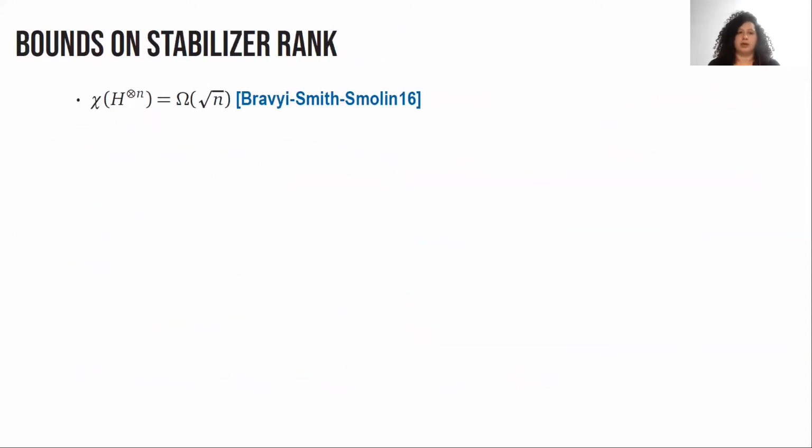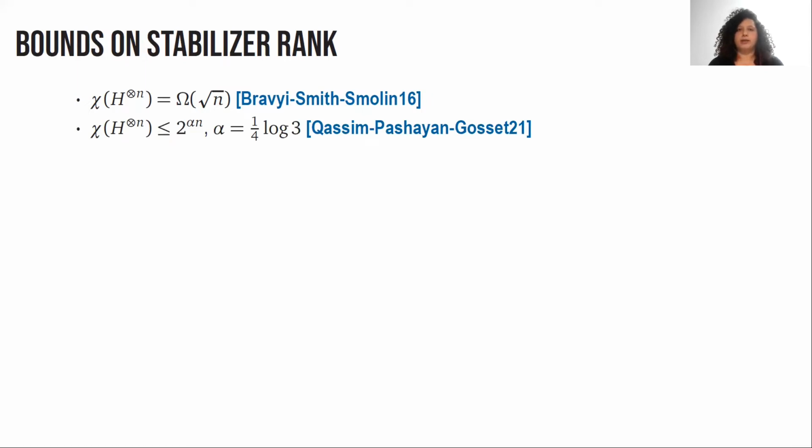So, some known results or bounds on the stabilizer rank. We are mainly interested in bounding the stabilizer rank of the nth power of the magic state. There is a lower bound of square root of n due to Bravyi, Smith, and Smolin from 2016. There is an upper bound of 2 to the alpha n, where alpha is log 3/4, due to Qassim, Pashayan, and Gosset from 2021.